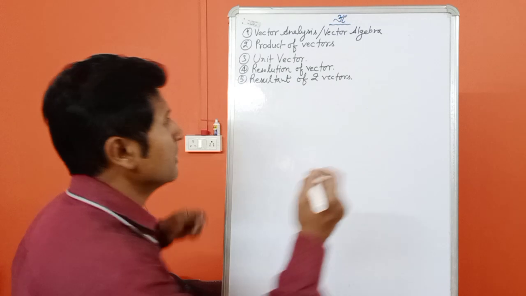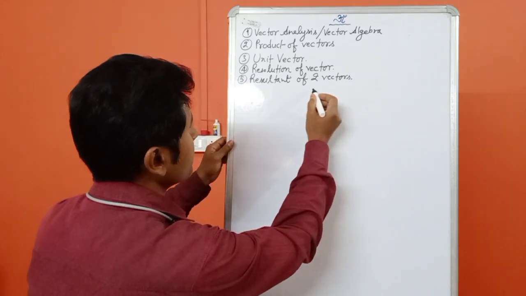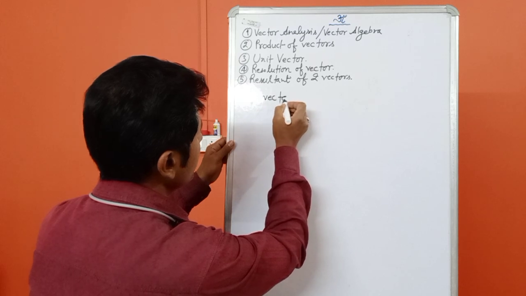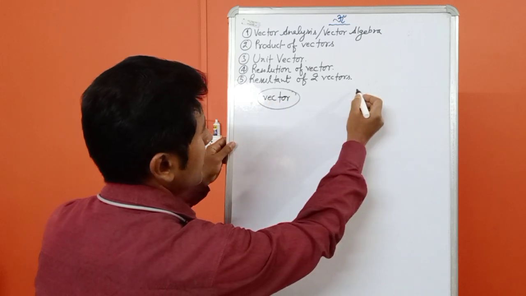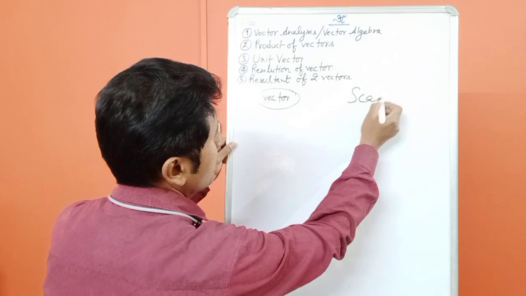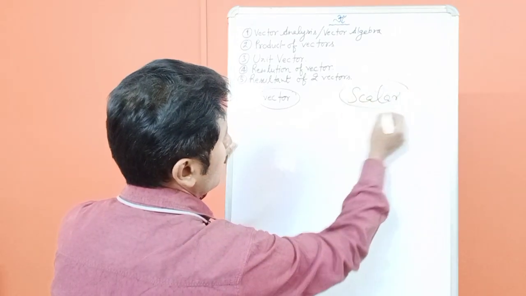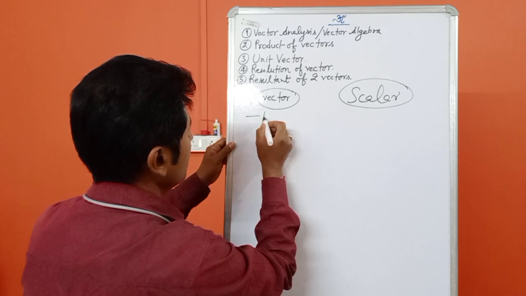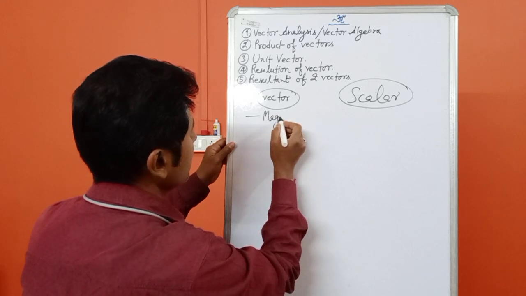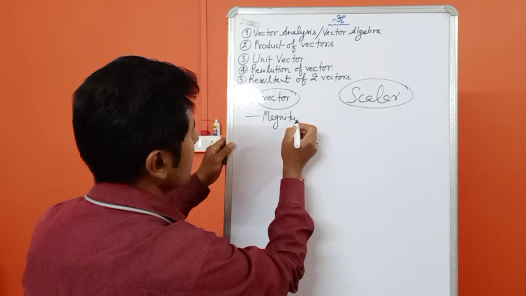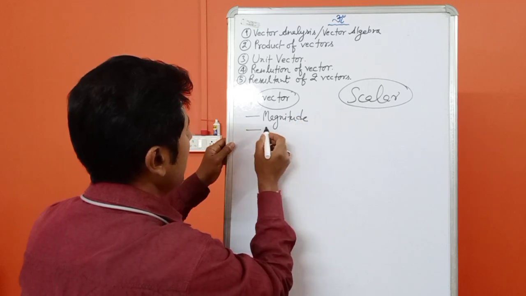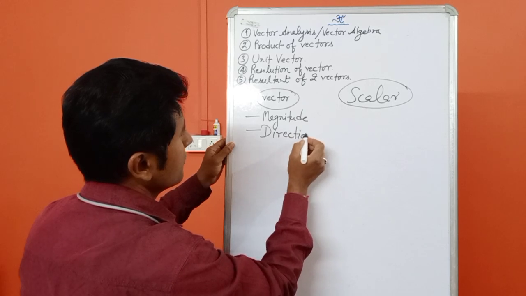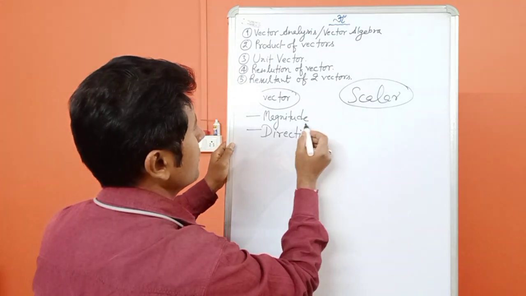Now let's understand it. A vector and a scalar. Vector quantity has magnitude and direction, right?